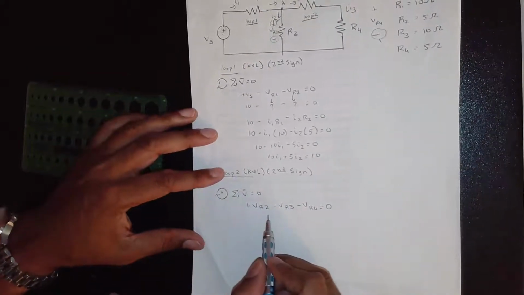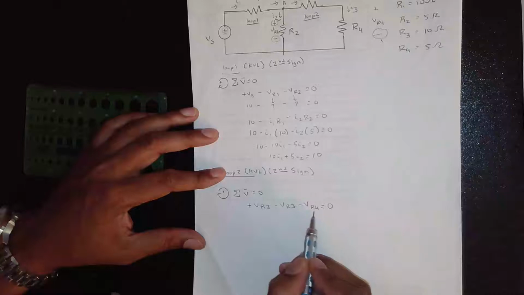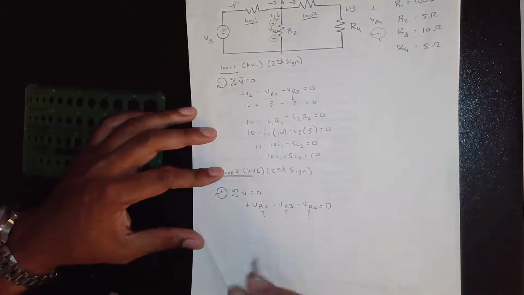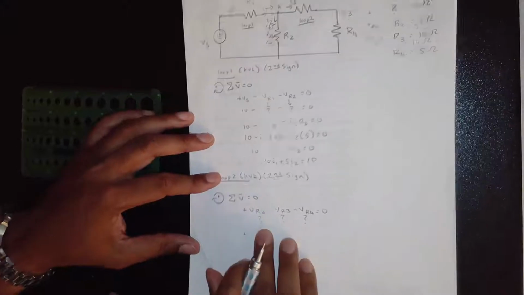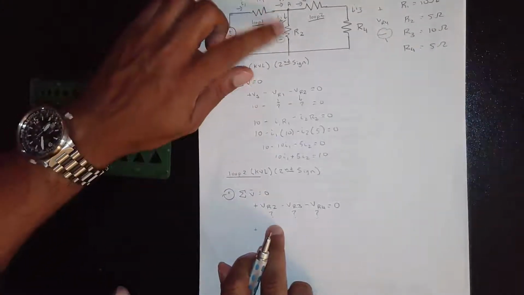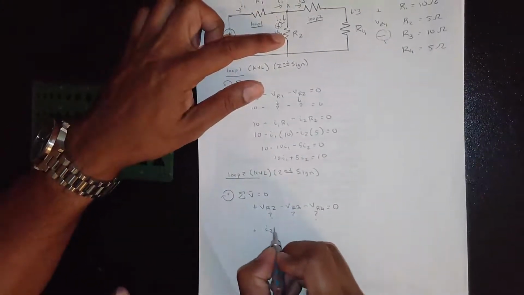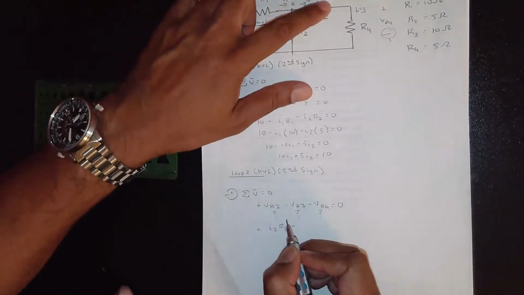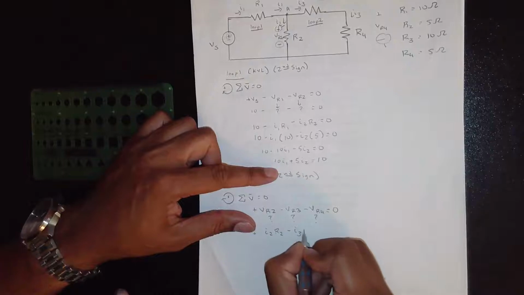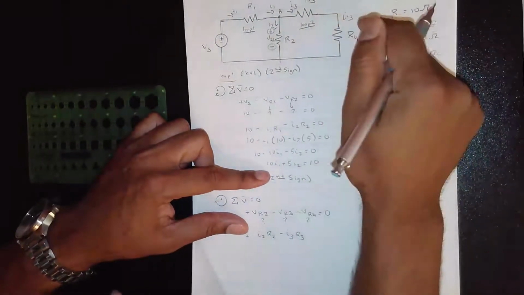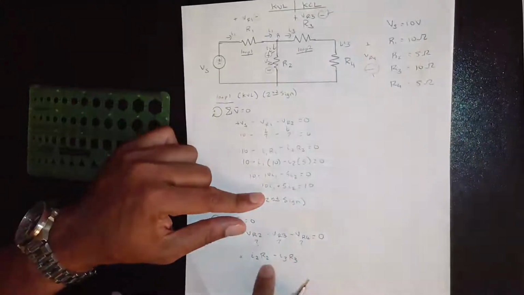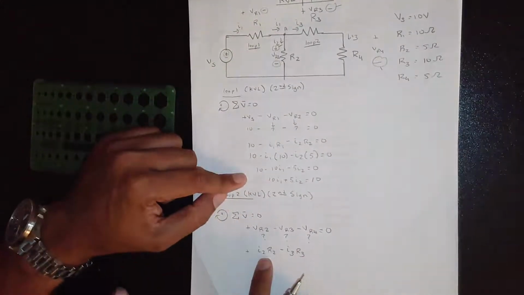What is VR2? We don't know. VR3, we don't know. VR4, we don't know. If we don't know it, it becomes the equation IR: I2 R2 minus I3 R3. If I have I2 here, right?